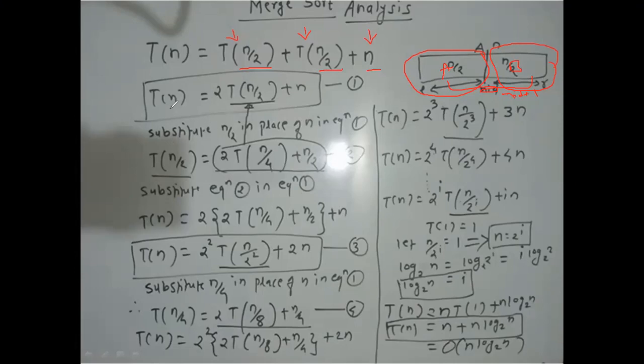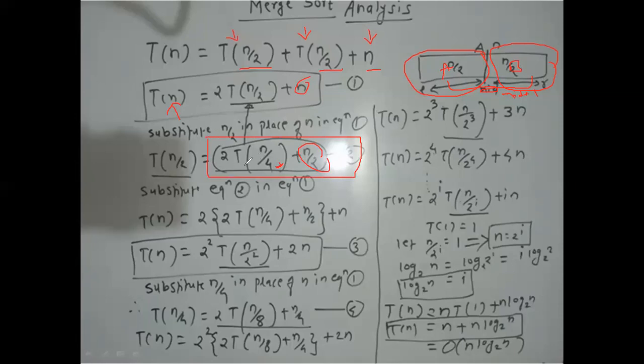By substituting, instead of n we get n by 2 value. Here n by 2 means n by 4. Instead of n we get the value n by 2. So T of n by 2 gets this value.